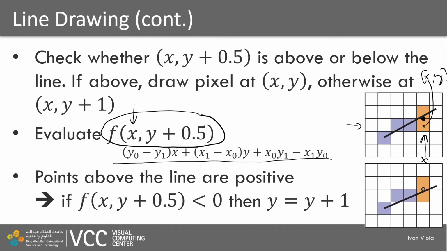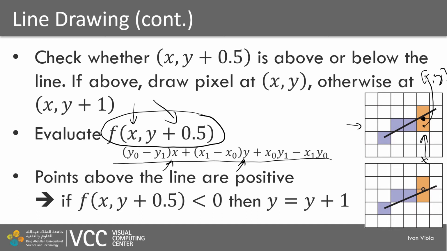And this depends on what value the functional evaluation has. So we put in these values x and y, where y is now y plus 0.5, and we evaluate the result.